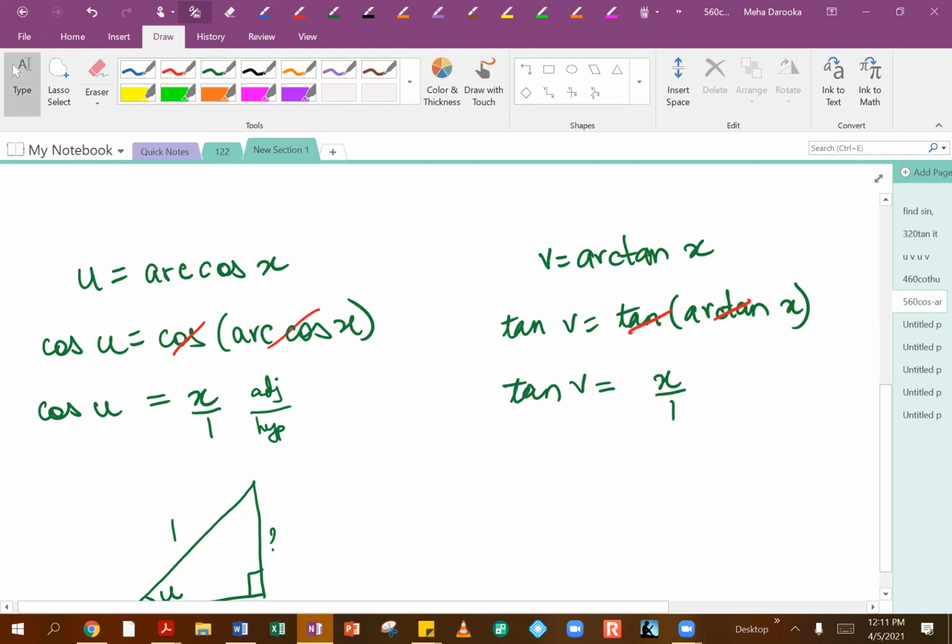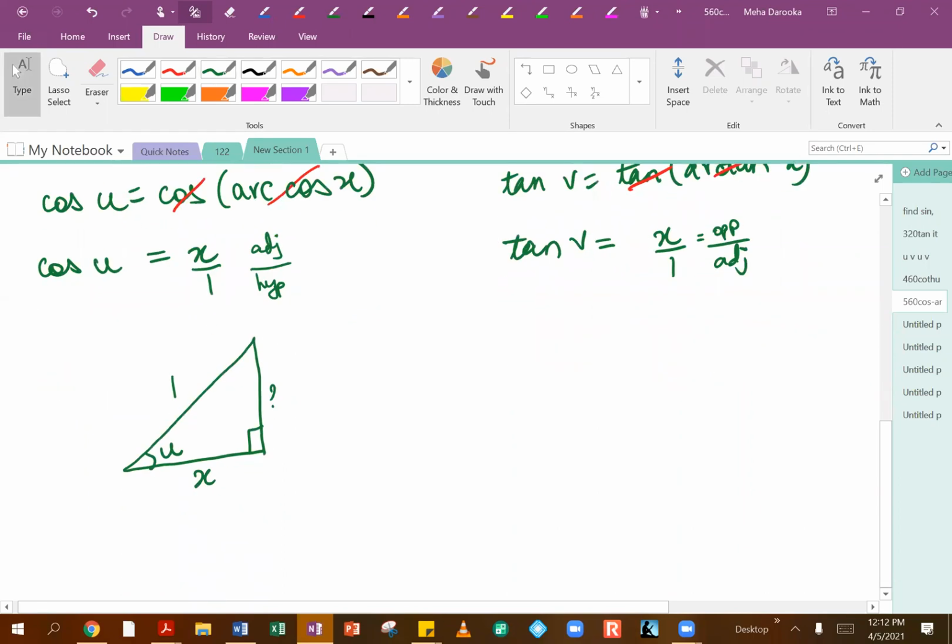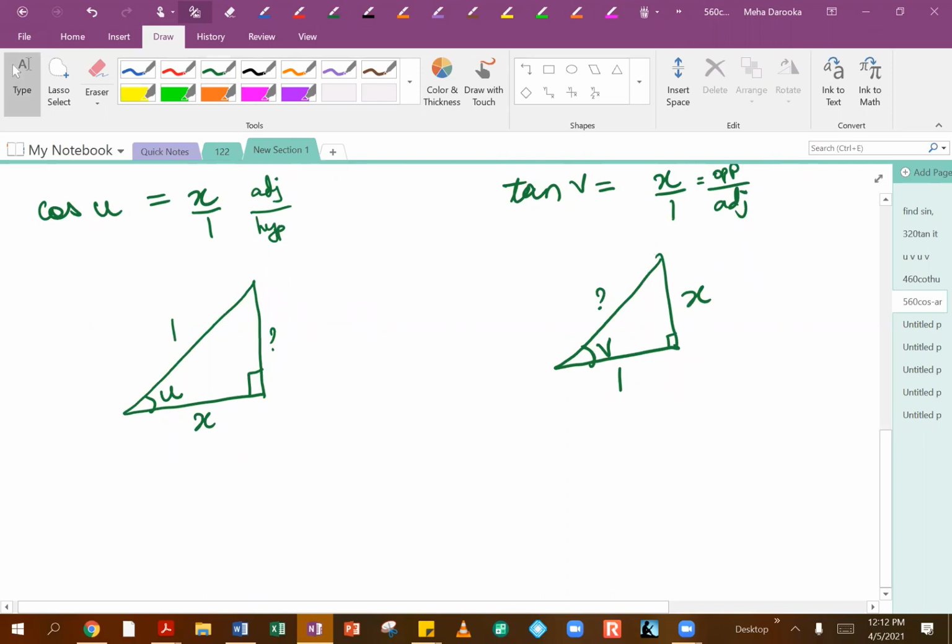Same thing, write it as x over 1. Tangent is defined as opposite over adjacent. So when you do the triangle for angle v, again, this will be v. Opposite is x, adjacent is 1, and we have to find the hypotenuse.